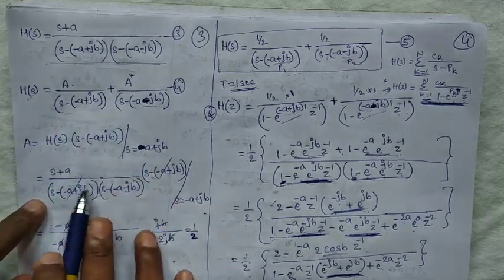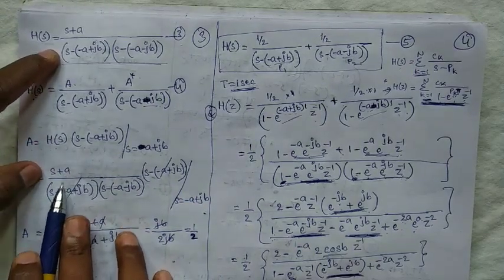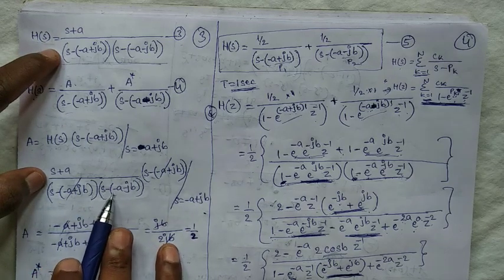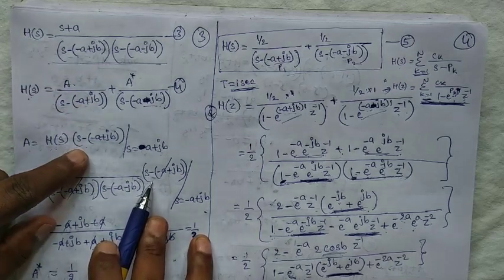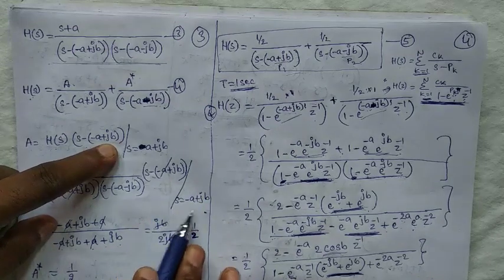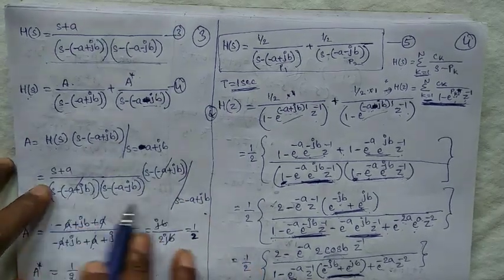Here H of s is what? From equation 3, H of s is s plus a by s minus of minus a plus jb into s minus of minus a minus jb into s minus of minus a plus jb. For s equal to minus a plus jb, this term gets cancelled.